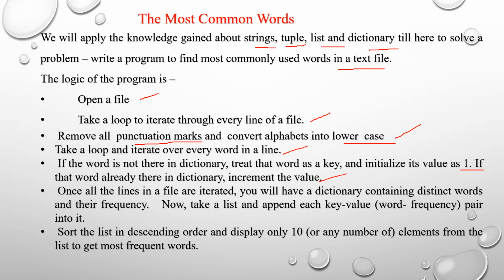Now take a list and append each key value, or word frequency pair, into it. At the end, sort the list in descending order and display only the top 10, or any number of elements, from the list to get the most frequent words.